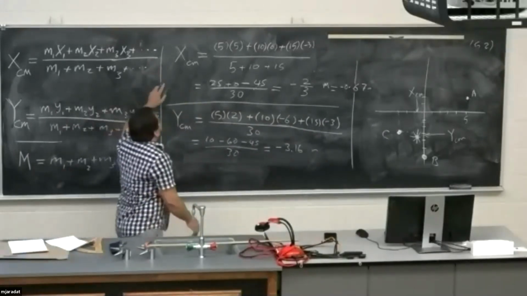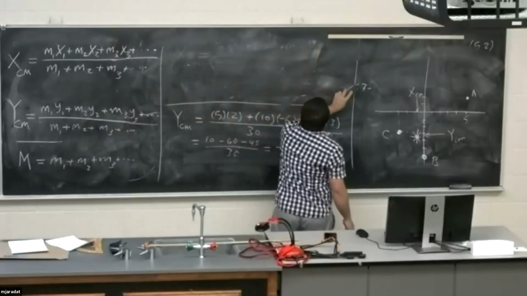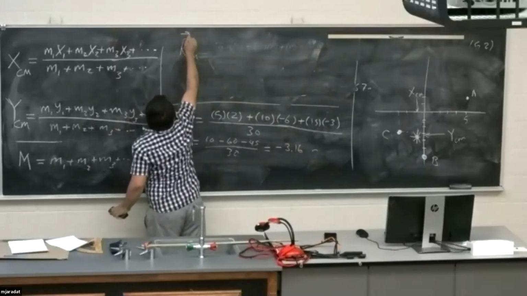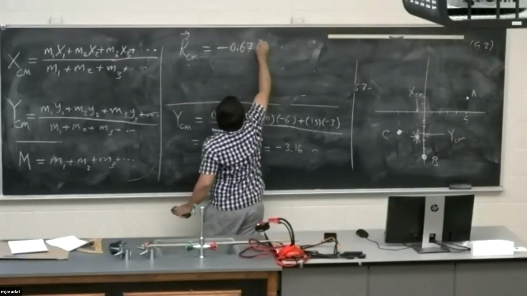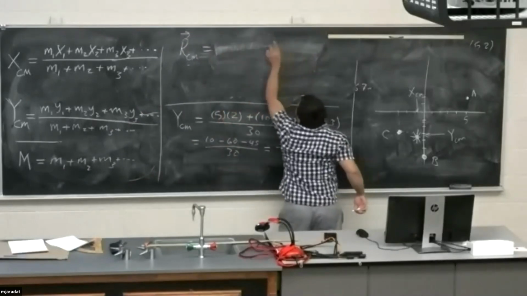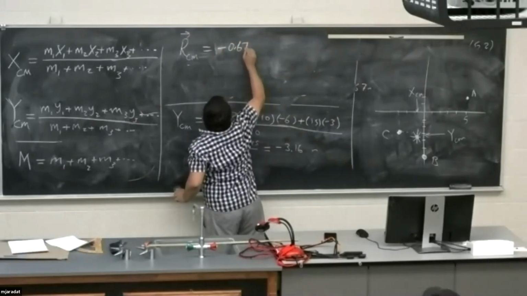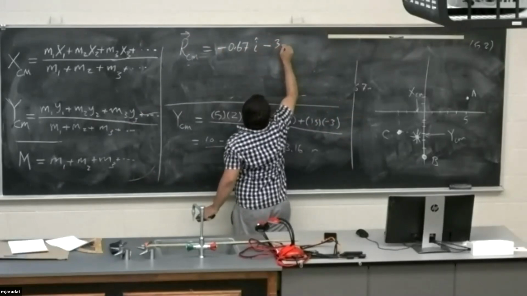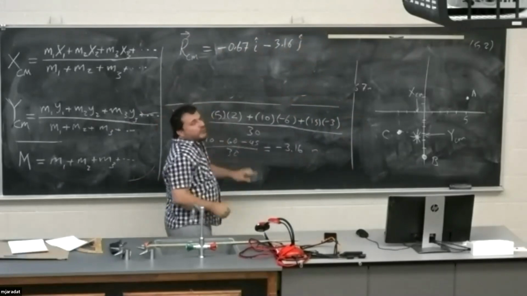You have the position vector for the center of mass. R for the center of mass as a vector is equal to negative 0.67 i hat, negative 3.16 j hat, right? Do you remember from before?